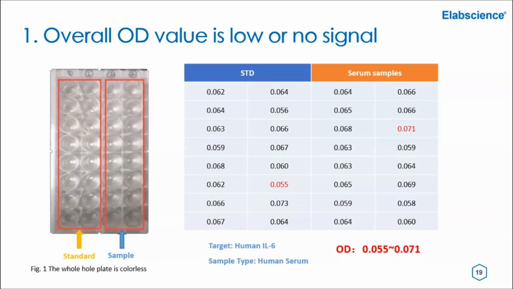You can see the whole plate is colorless, and the reading data on the right side is basically around 0.06, which means no signal. Usually in this situation, we would first consider if there was any wrong operation or maybe a problem of kit performance.